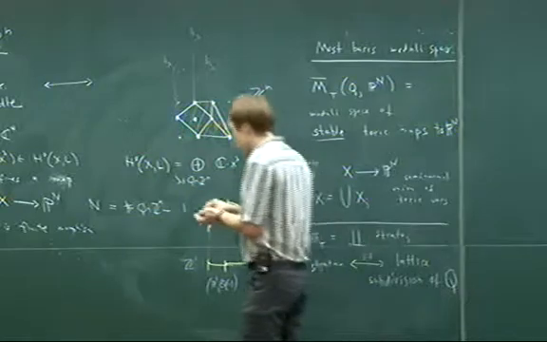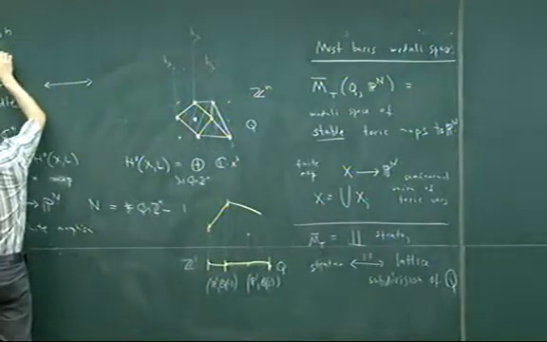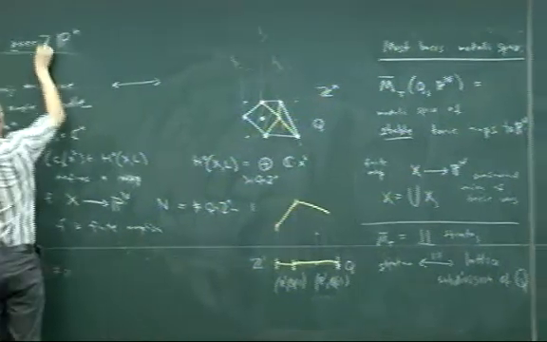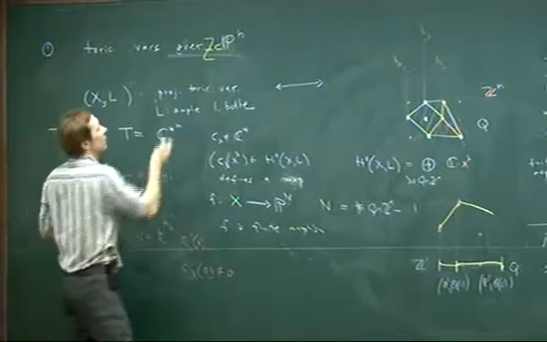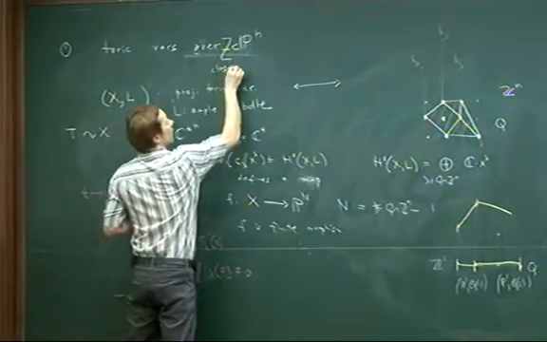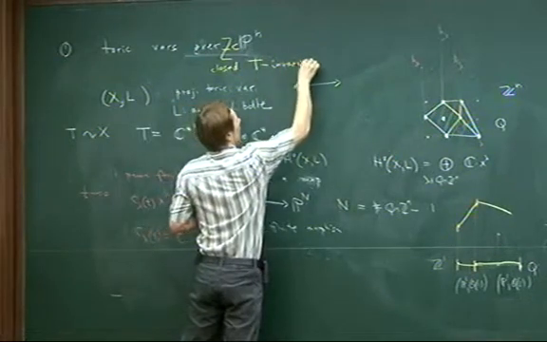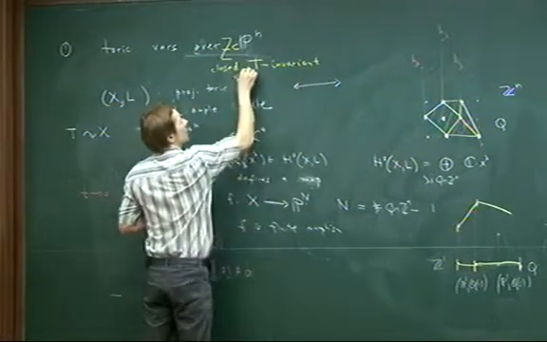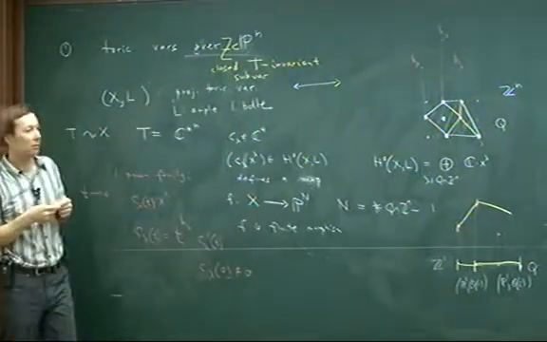Now, a version of this construction is that if you look at a moduli space not over Pn, but over some closed T-invariant subvariety or subscheme of Pn.